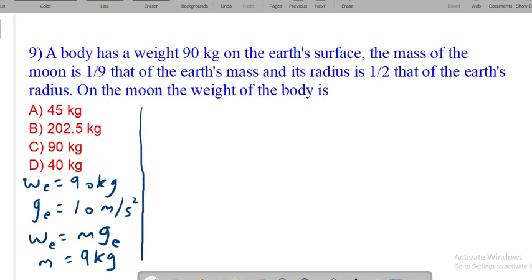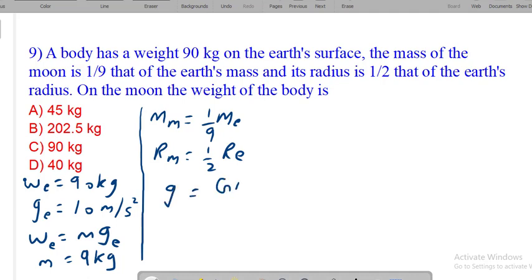Now some more data is given to us. What is given is the mass of the moon, so I write MM: mass of the moon is 1/9 mass of the Earth, and radius of the moon is half the radius of Earth. We have the formula for g. g is GM upon r square.